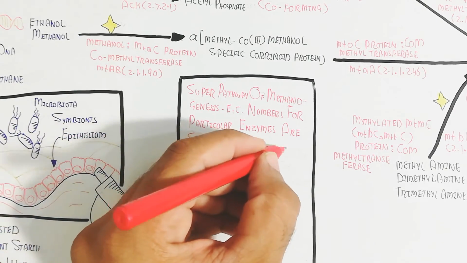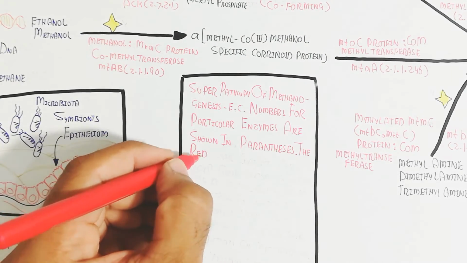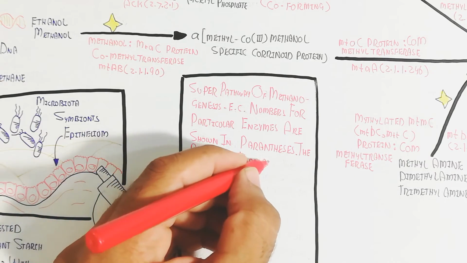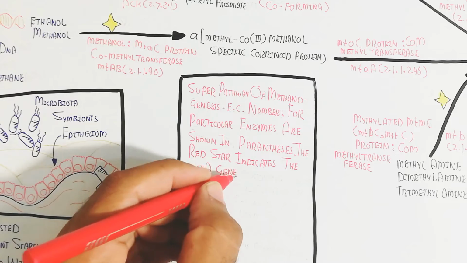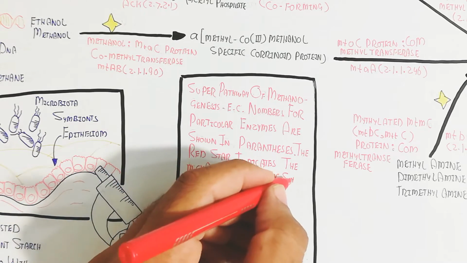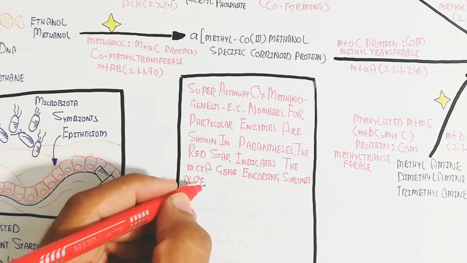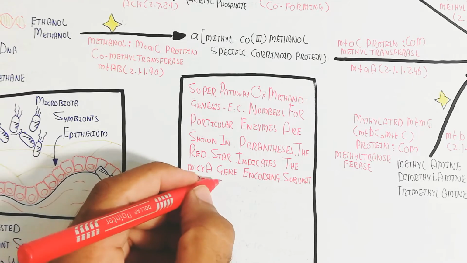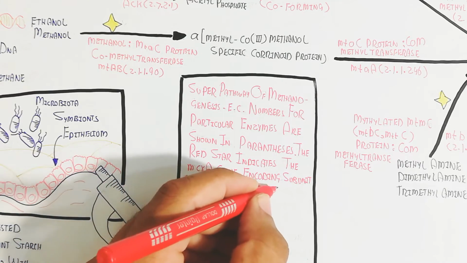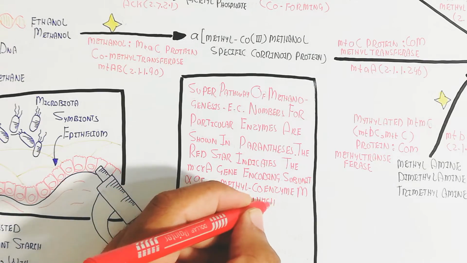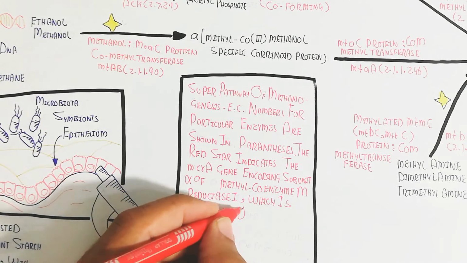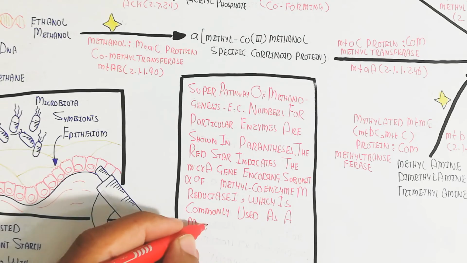You see numbers for the particular enzymes shown in parentheses. The red star indicates the McrA gene, encoding subunit alpha of methyl coenzyme M reductase 1, which is commonly used as a molecular marker for detection of methanogens.